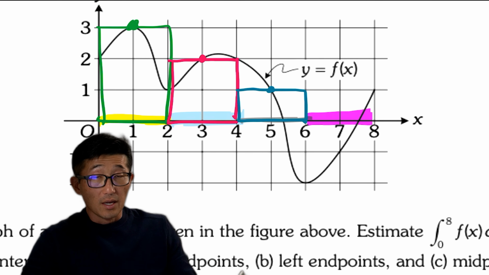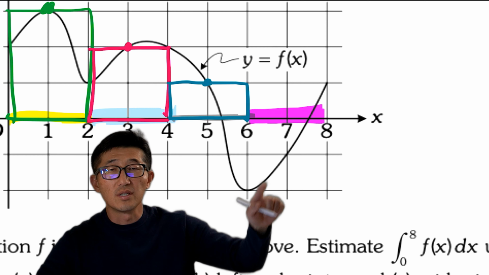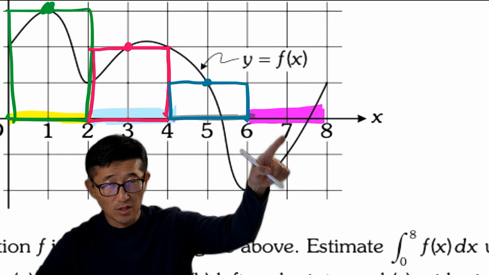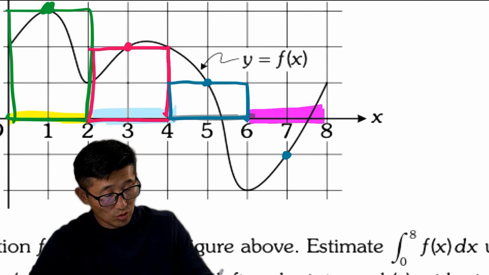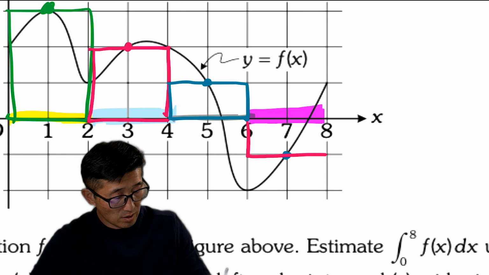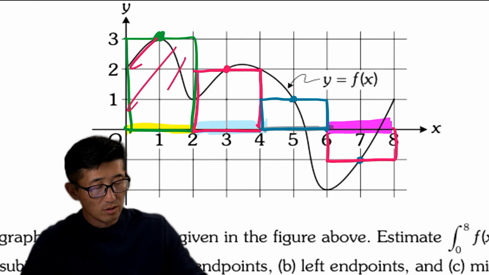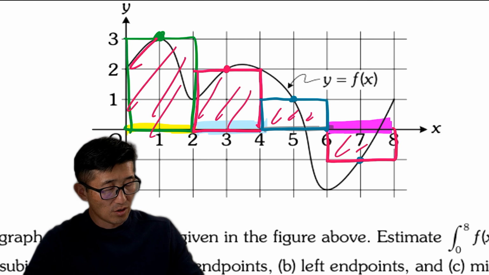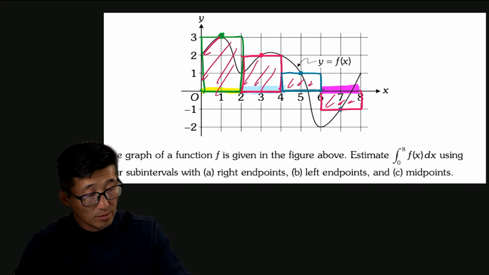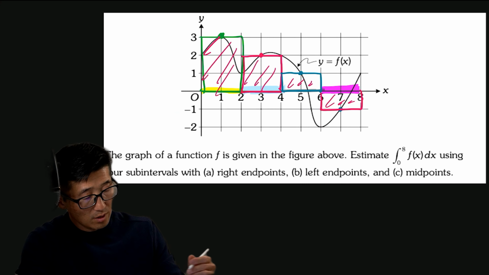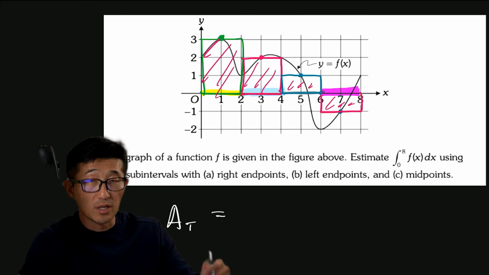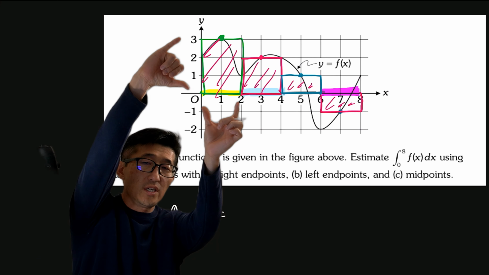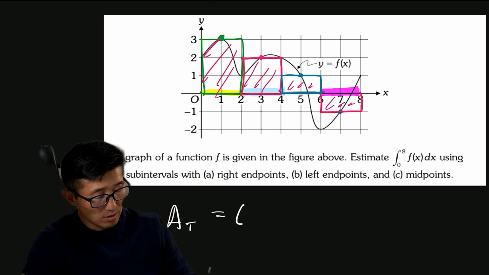And then for the last one, the middle is 7. So you have to come down and touch the graph at 7, which is right here. I'll just use a different color on that one. So it'll be here, here, here, here, here. Now the total area. Area 1 would be 2 times 3, which is 6.